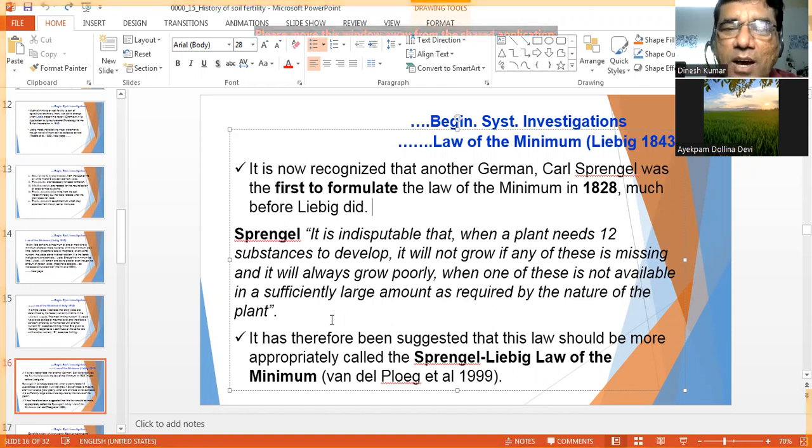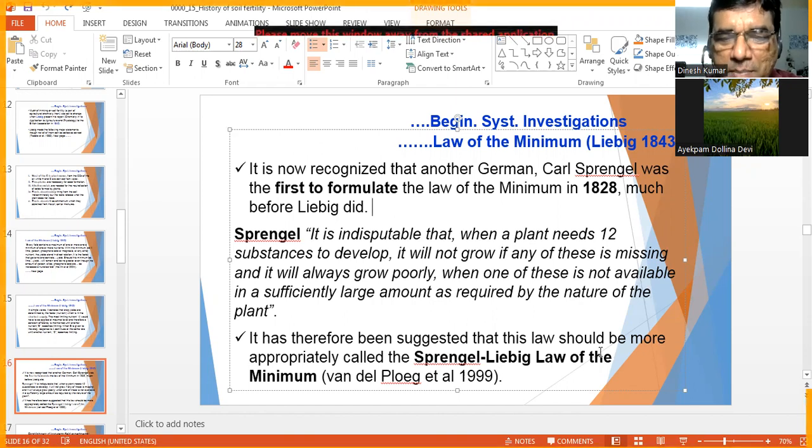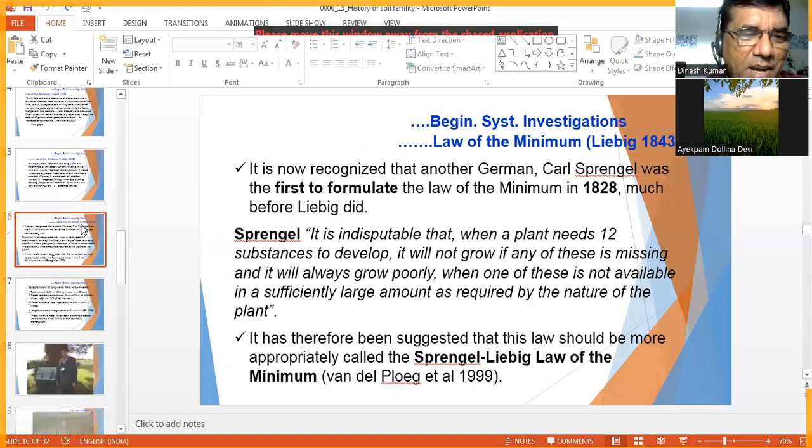So this is actually the law of the minimum, initially proposed by Sprengel in 1828. It is therefore being suggested that this law should be more appropriately called the Sprengel-Liebig law of the minimum. In some textbooks you will also find it as the Sprengel-Liebig law of the minimum. And no penalty was given to Liebig for copying the idea of Sprengel.